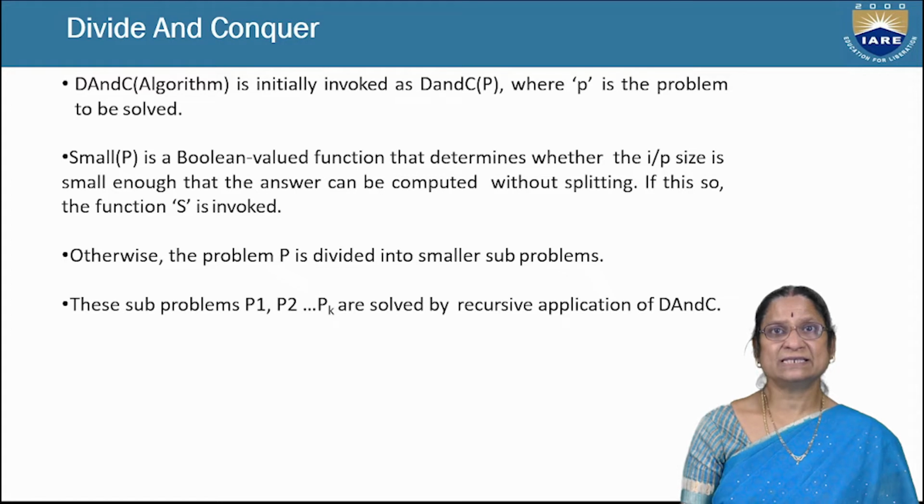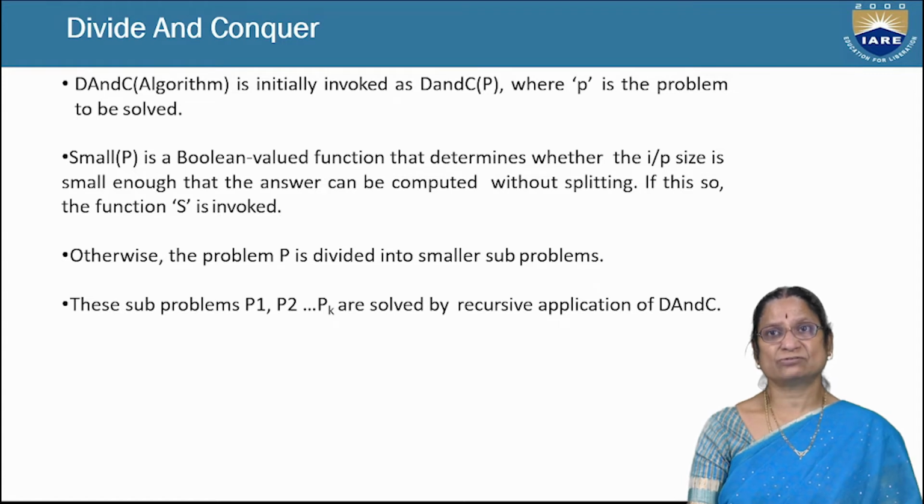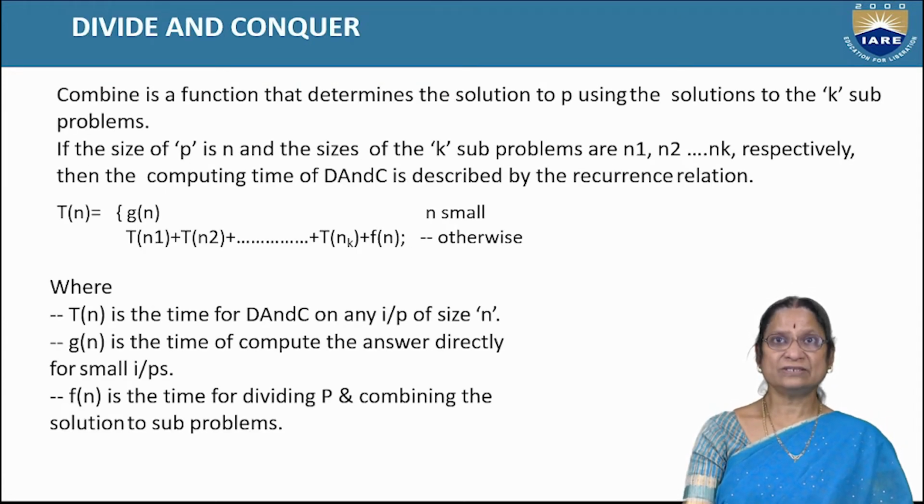That is, the input size is small enough that the answer can be computed without splitting; otherwise D and C is going to be invoked again for the current input size. So divide and conquer combines a function that determines the solution to a problem P using the solutions of k subproblems.